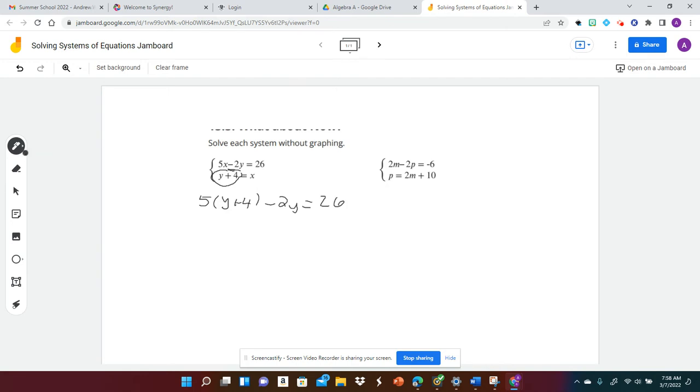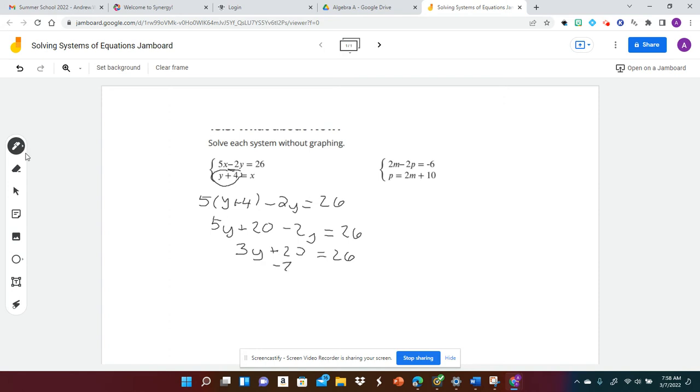So this then would become 5y plus 20 minus 2y equals 26. So then here 5y minus 2y becomes 3y plus 20 equals 26.